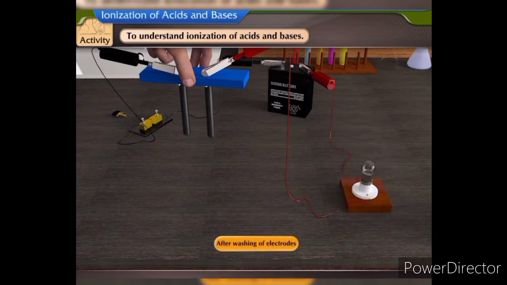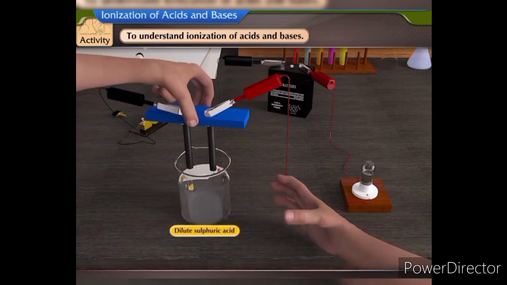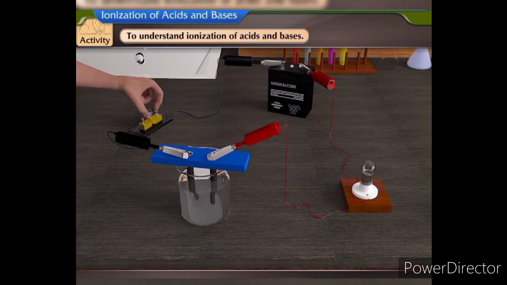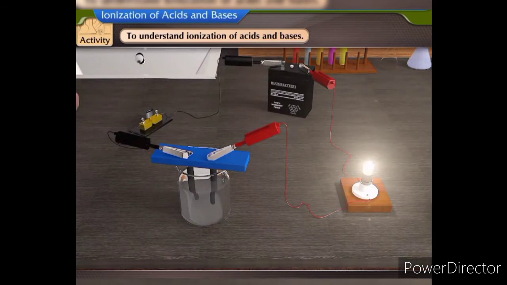If we replace the solution by dilute sulfuric acid, again the bulb glows.